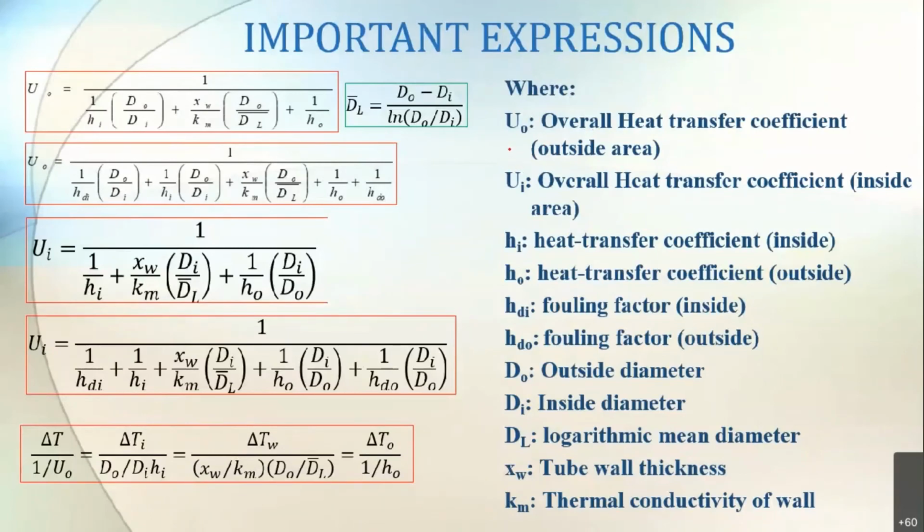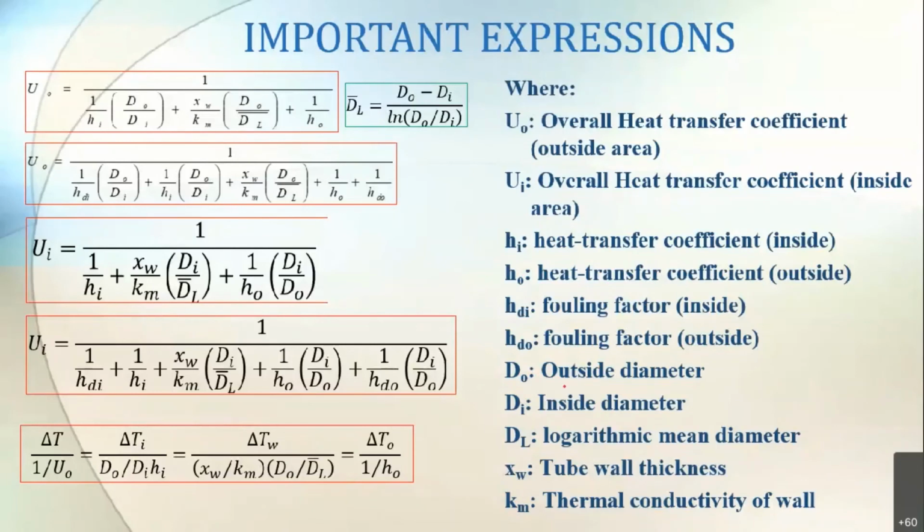UO, what is the definition of UO? It is the overall heat transfer coefficient on the outside surface area. UI, overall heat transfer coefficient on the inside. HI, heat transfer coefficient on the inside. HO, heat transfer coefficient on the outside. DI, fouling factor inside. DO, fouling factor outside.